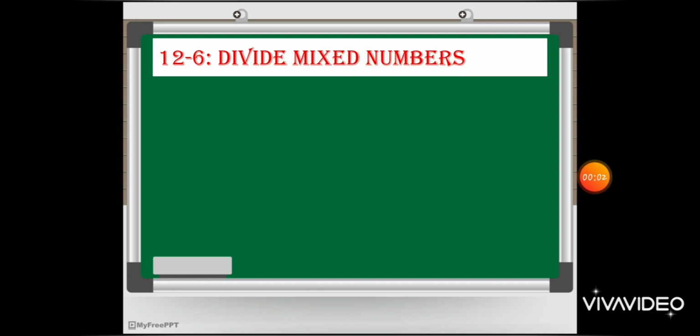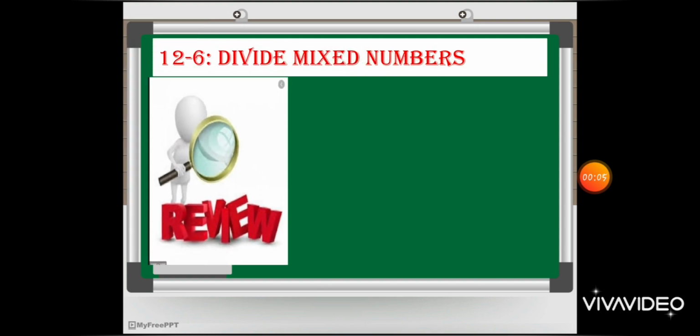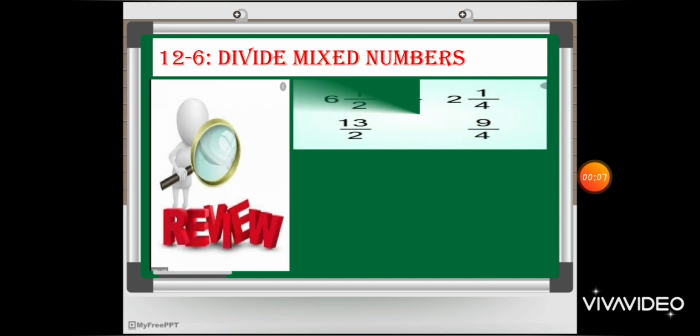Let's have a quick review of our lesson yesterday, that is, dividing mixed numbers. So we have here 6 and 1/2 divided by 2 and 1/4. The first thing that we have to do is to change the mixed numbers into improper fractions. So 6 and 1/2 will become 13/2, while 2 and 1/4 becomes 9/4.